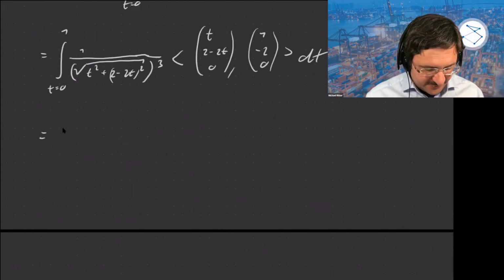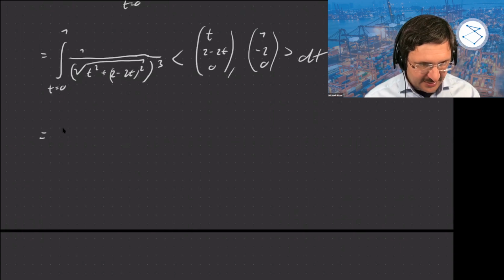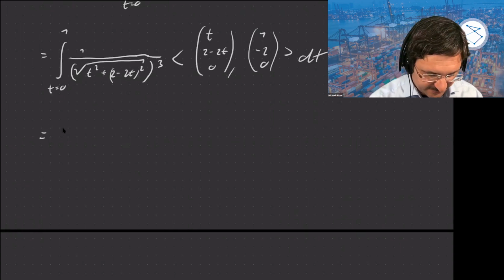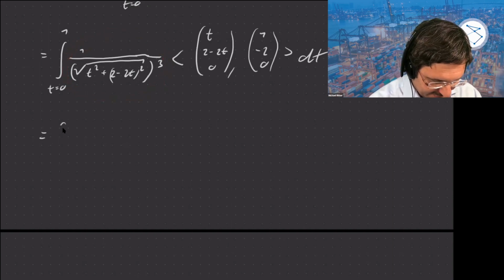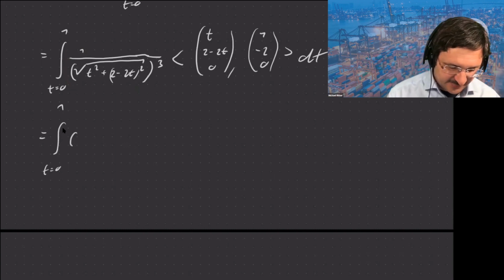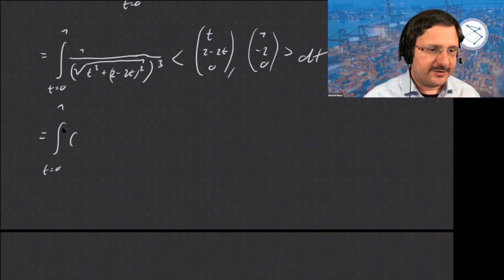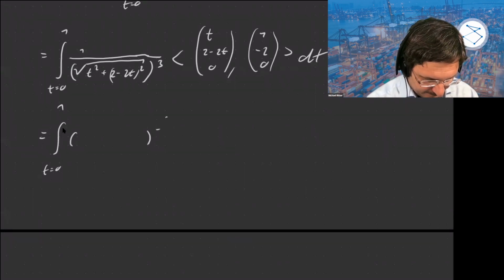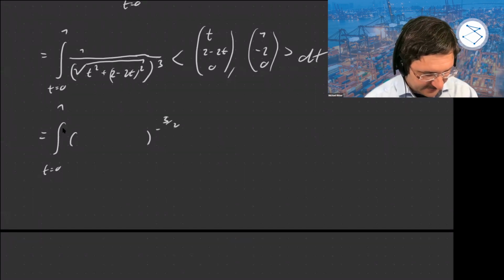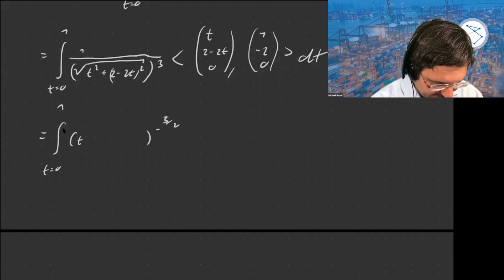Okay, so let's try to simplify this a little. Instead of writing this complicated fraction here, we could write this as an integral of something to the power of -3/2. And let's see, we have t squared here.